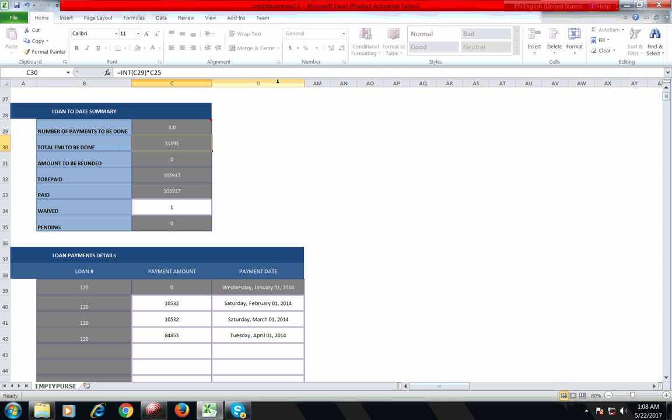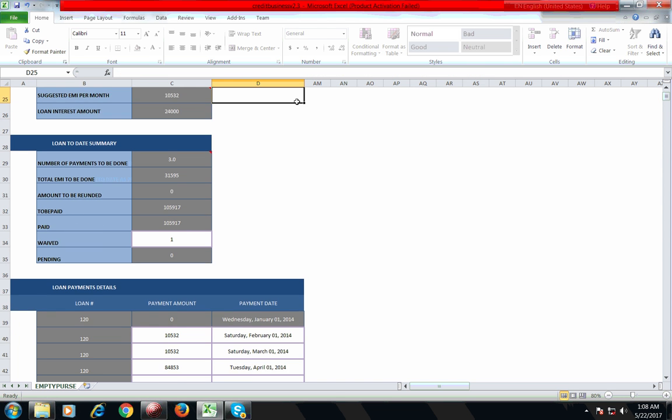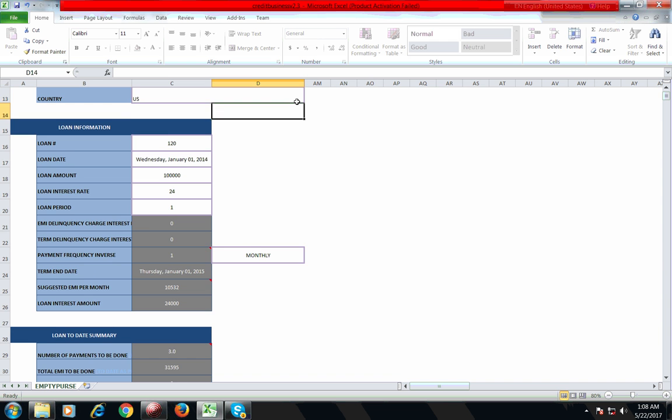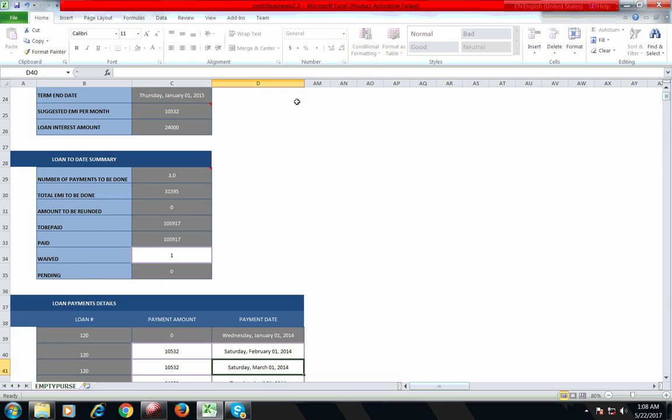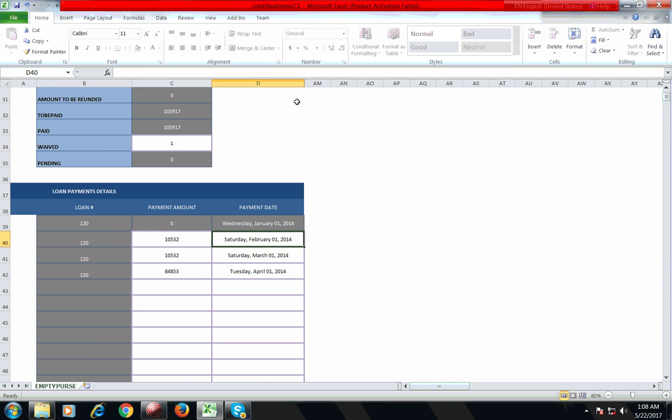If you see, this is column D and AM. So there's a lot of formulas applied. It's a very straightforward thing. And let's say Mr. Rice Price delays an EMI.